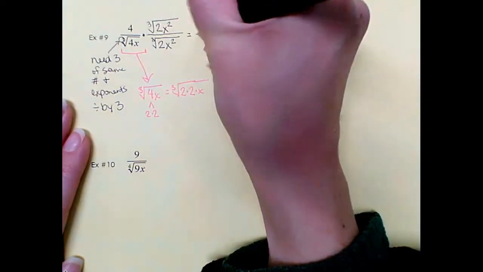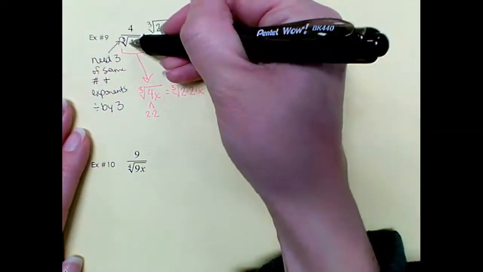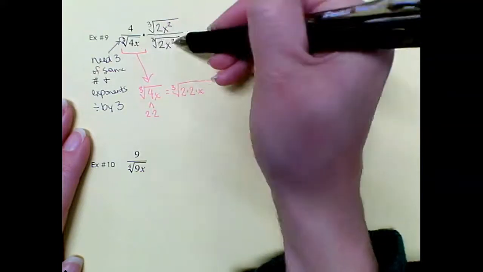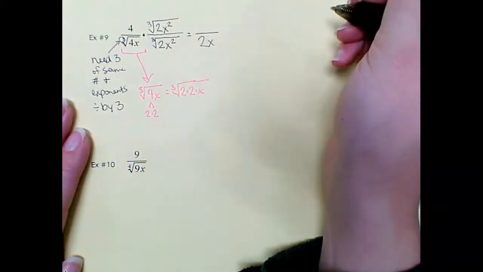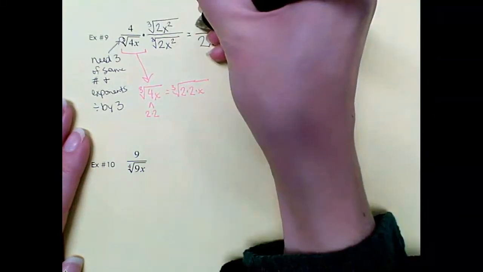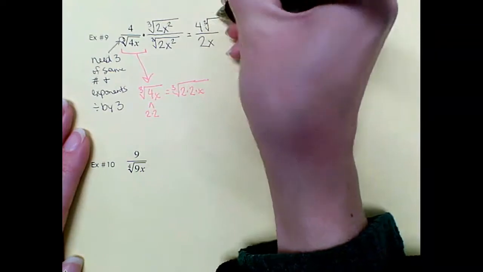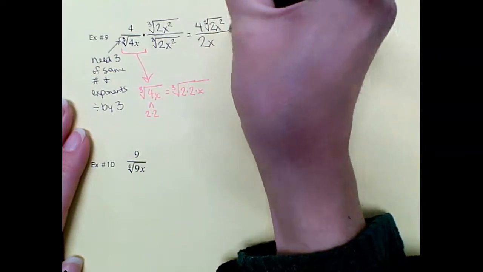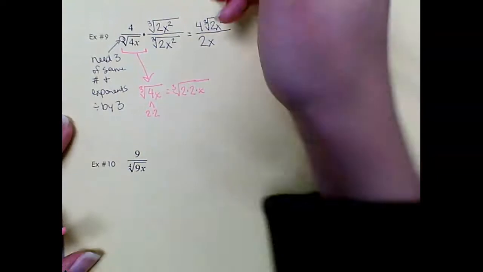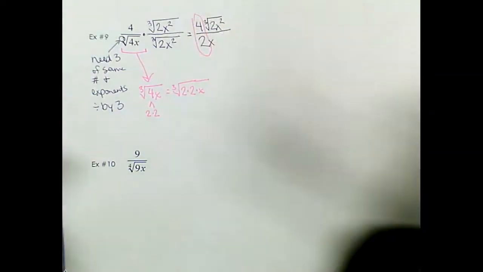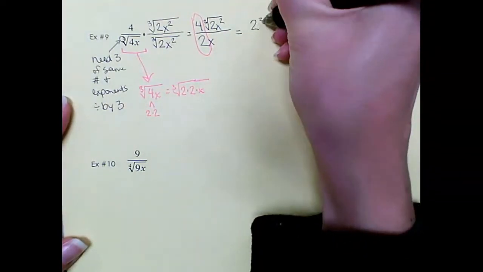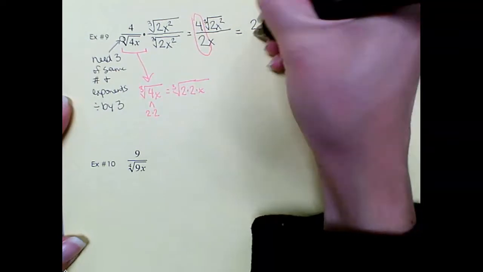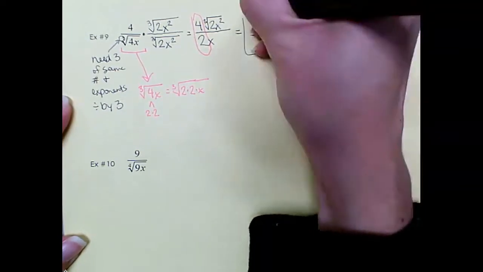And what this gives me is 2 times 2 times 2, and x times x times x. And if I cube root that, I get 2x. And over it is 4 cube roots of 2x squared. I have a 4 on top and a 2 on bottom. That looks like a fraction to me. So if I divide 4 by 2, I get 2. And I still have the x on the bottom.